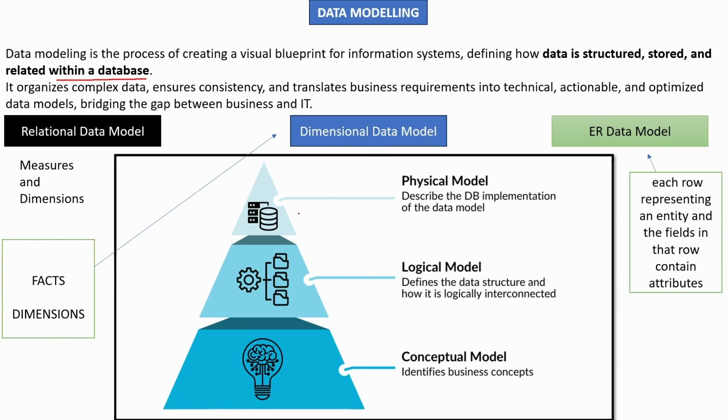Okay, if we talk about the conceptual model, it's important to remember that this is the big picture model. At this stage we are not getting bogged down in the tiny details of every single data point.